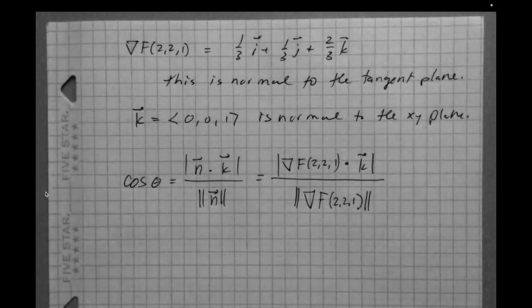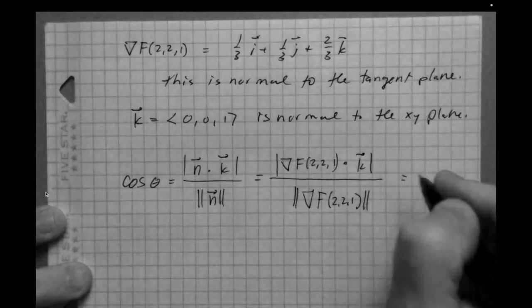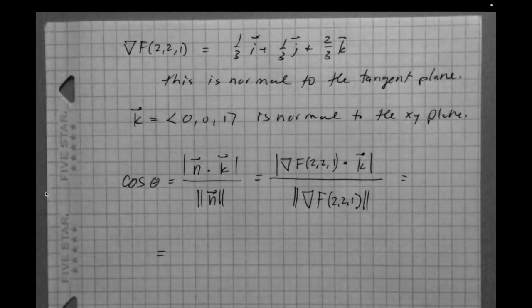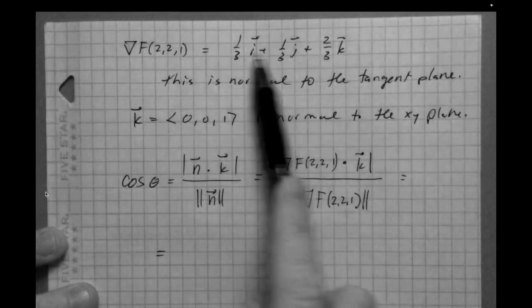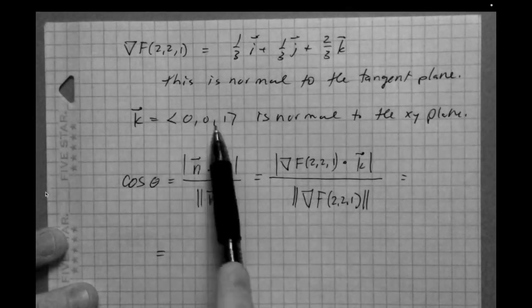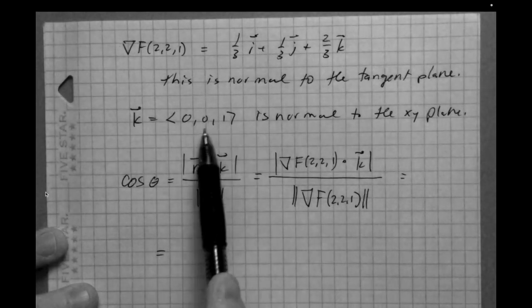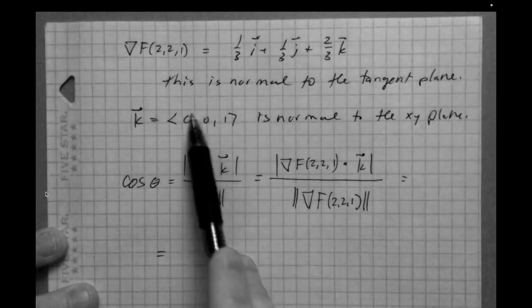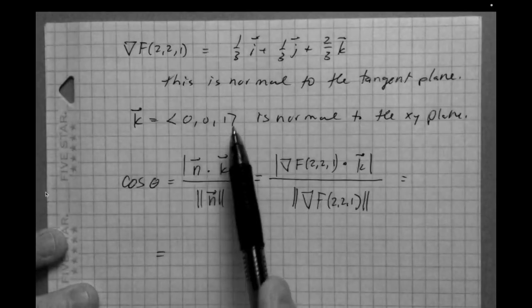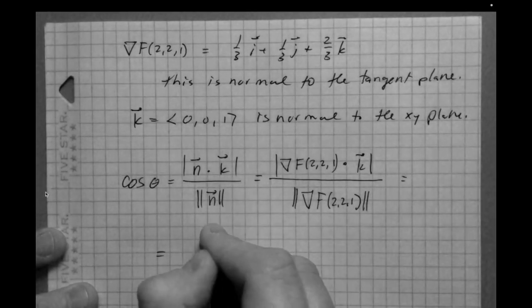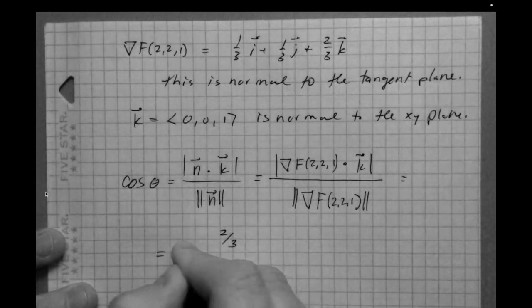All right, like so. And so we can do that. This is the gradient vector, and this is the k vector. So when you dot those together, 1/3 times 0 plus 1/3 times 0 plus 2/3 times 1, the numerator is just 2/3.